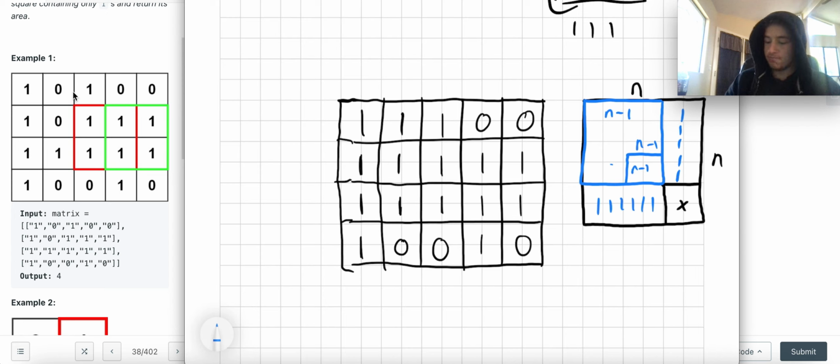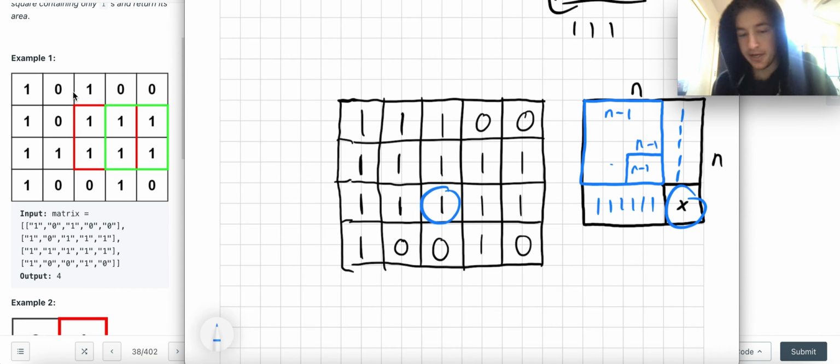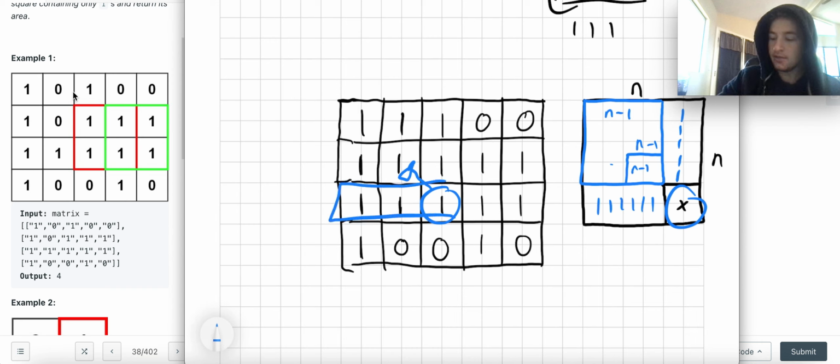So if I'm looking at this element here, if this previous element has a square of some size, and these are all 1, and these are all 1, then you have a square here, right?